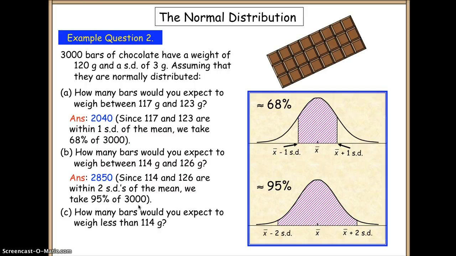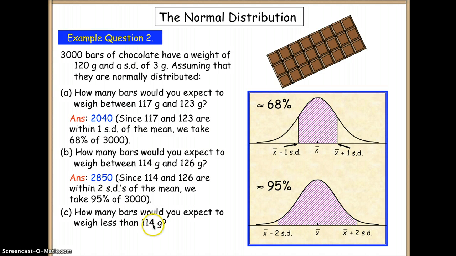Now, the question is, how many bars would you expect to weigh less than 114 grams? Now we know that beyond 114 grams is beyond two standard deviations. Now it should be like 5%.